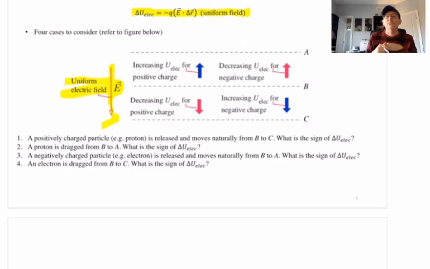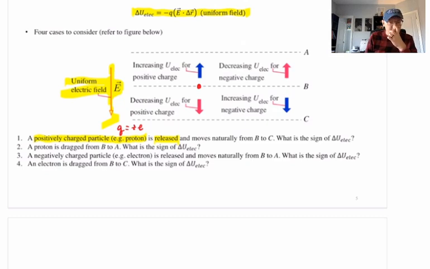Let's start out, I think it's easier conceptually, to start with a positively charged particle, for example, a proton. That means we know what the Q is for our particle, plus little e. And let's release it at level B, like right there. Okay? Our proton at level B. You see which way it's going to move naturally because of the electrostatic force?